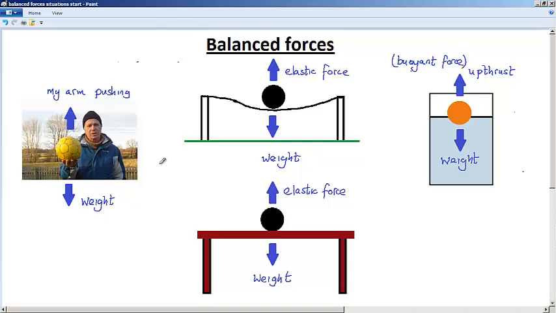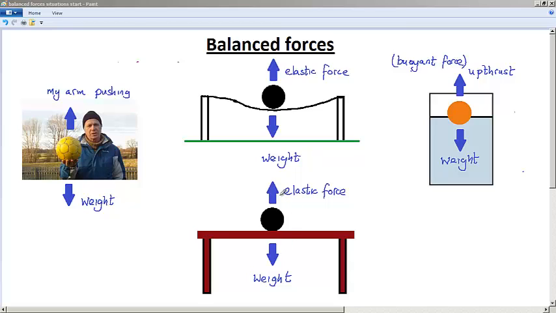To summarise, whenever a body is at rest, motionless, then there are always forces acting on that body, always. But what we can say about those forces is that the forces are balanced. Now, in the context of these diagrams, that means that the forces are equal, that's the same size, but they're acting in opposite directions.